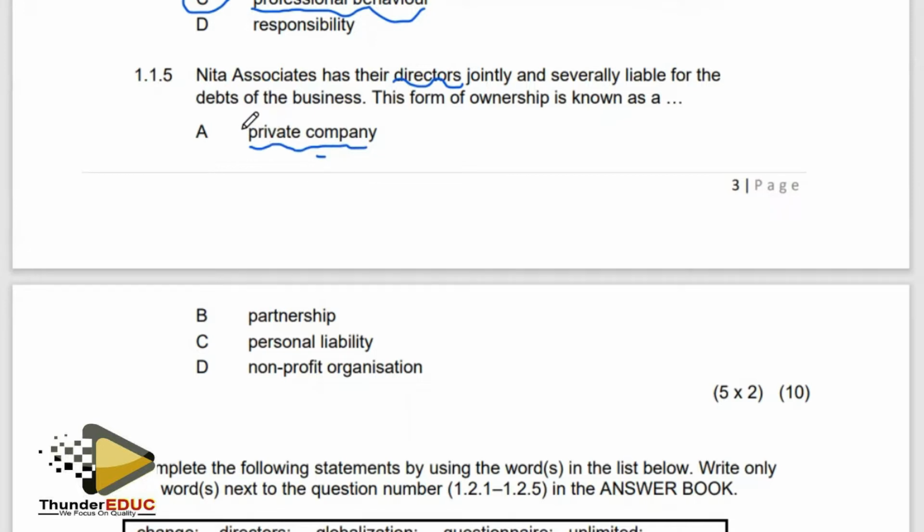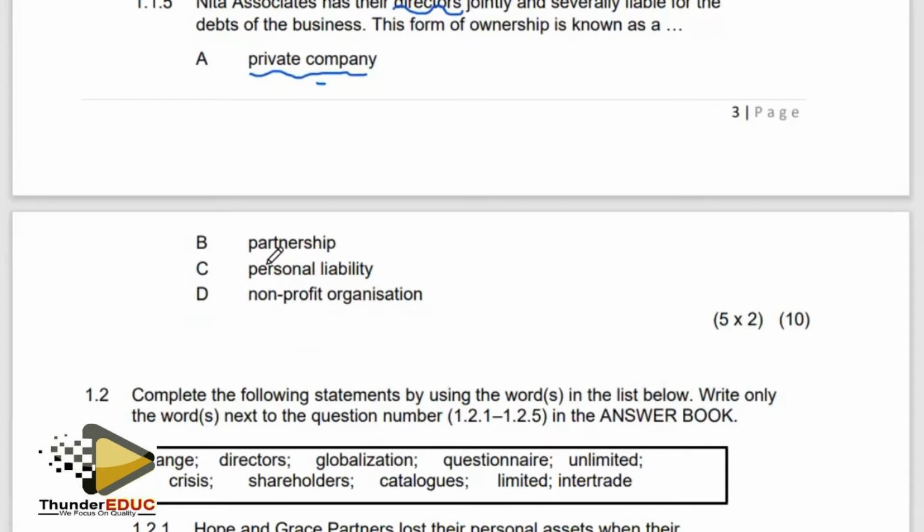And this is not in line with what is required here, that directors are jointly liable for the debts of the business. Okay, let's look at partnership. Partnership doesn't use directors. It's the partners who take part in the day-to-day running of the business.